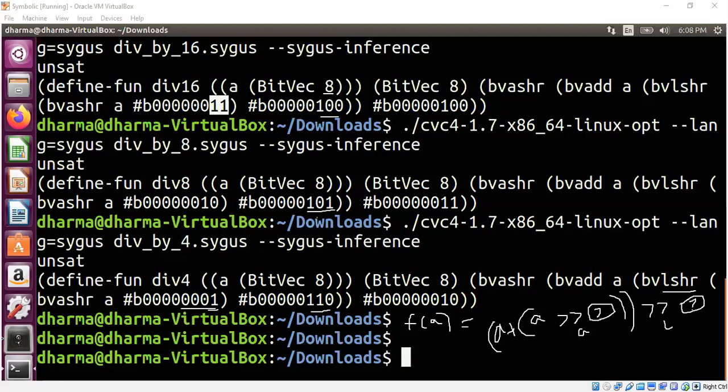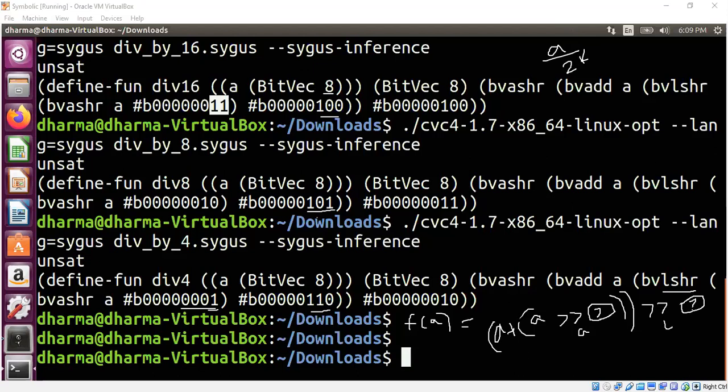The goal is to divide a by 2 power k for different k values. The program synthesizer, at least in my case, was not able to handle different k's, so I decided to run it for k equal to 1, 2, 3, 4, and so on, and then generalize it. That's what I'm doing.